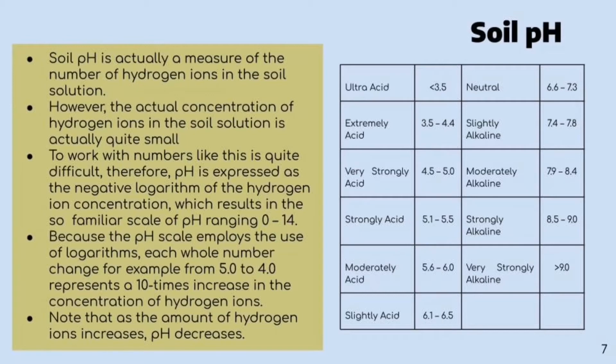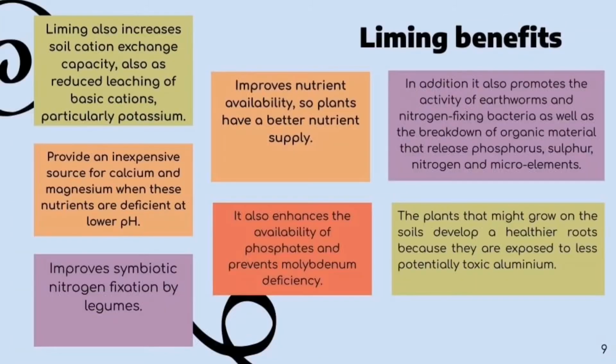This table shows the descriptive ranges for pH in soil. It shows ultra acid at below 3.5, slightly acid 6.1 to 6.5, neutral 6.6 to 7.3, and very strongly alkaline at above 9.0.